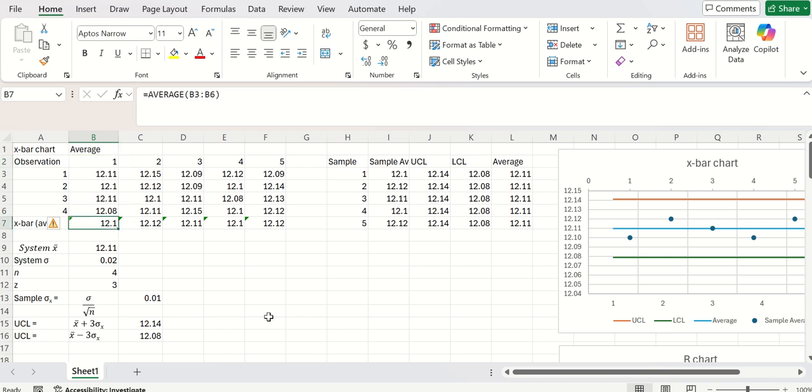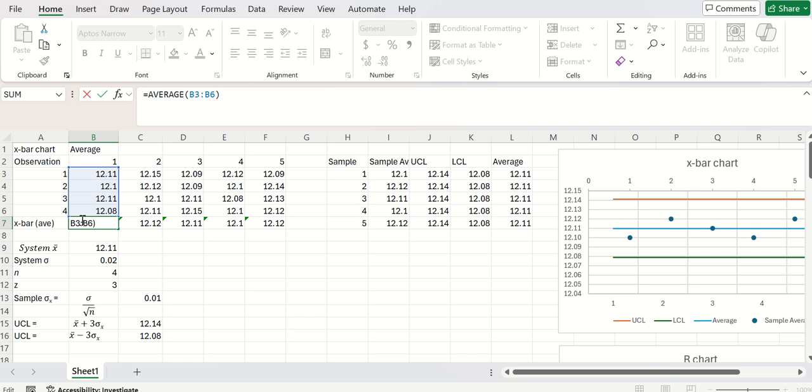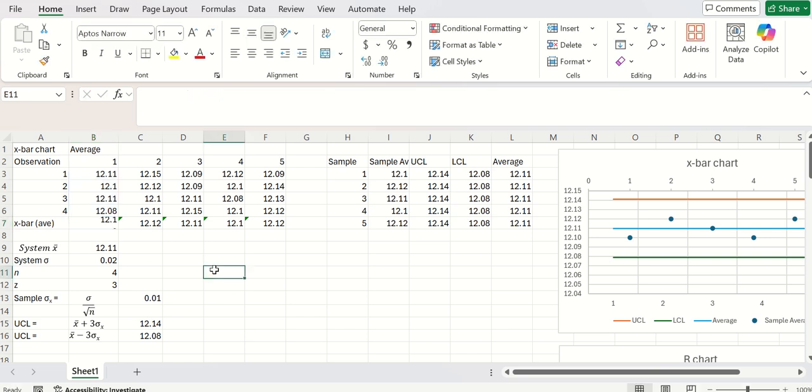So over a 5-day period, we're looking at the average amount of soda that ends up in a can, in fluid ounces. We've taken the average each day of each one of the 4 samples. Again, 5 days, each day we sample 4.